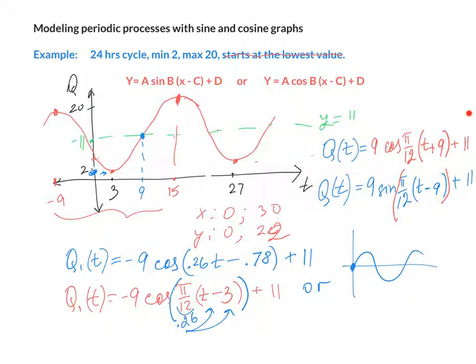Just understanding the structure of this process, the graph, helps you answer this really easily. 11 is the axis of oscillation. 9 is the amplitude. So amplitude shows how far it oscillates up from the axis of oscillation and down. So you just do 11 plus 9, 11 minus 9. And it gives you your max and min. All right, you're fully equipped now to do modeling with sine and cosine.